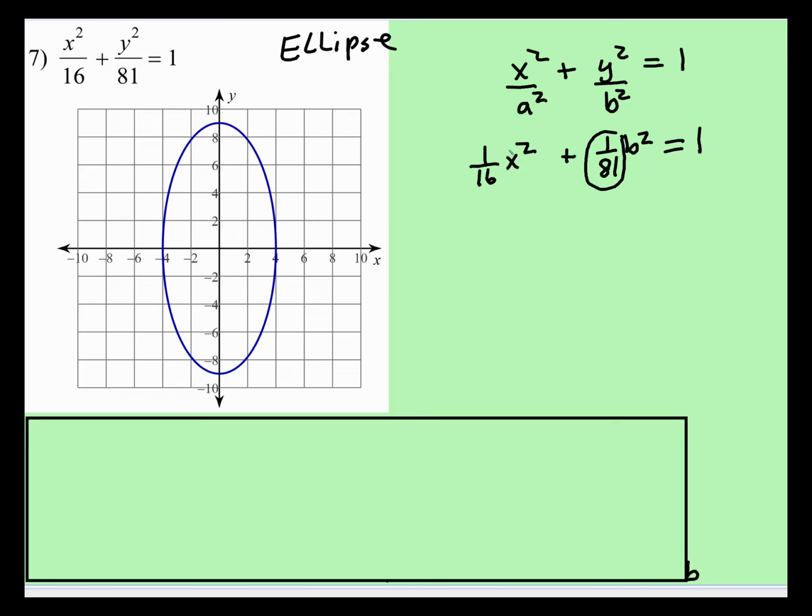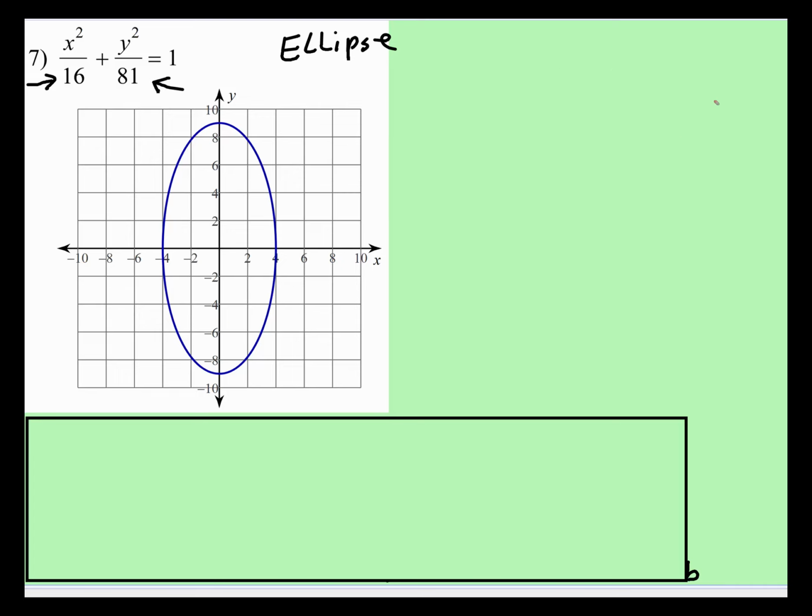Notice the coefficients attached to the x and y are different. That's how you know it's going to be an ellipse. When the coefficients attached to the x squared and the y squared are the exact same, that's going to be a circle. When the coefficients indicated by values underneath that are different, that's what indicates it's going to be an ellipse.